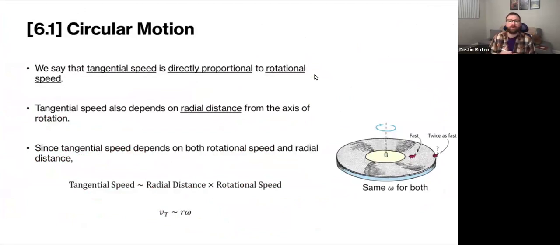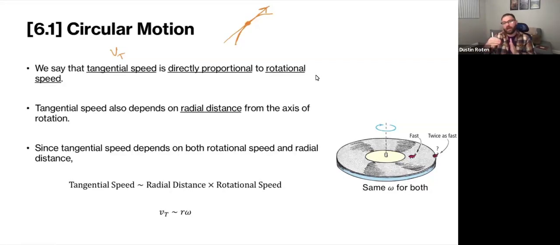That's going to bring us to this point here. We say that the tangential speed, which I'm going to write as VT, remember that's the whole idea of the circular path. And then at any given instance, we've got this tangential velocity or tangential speed.